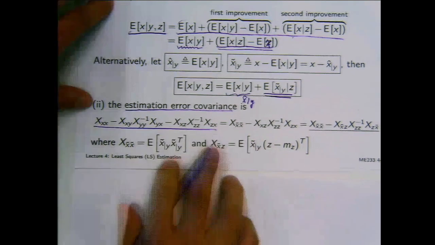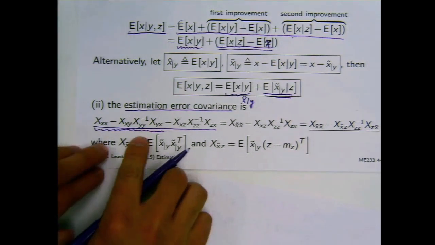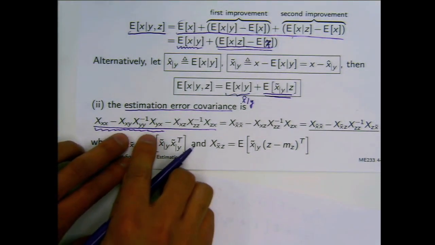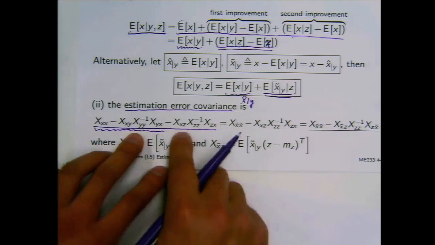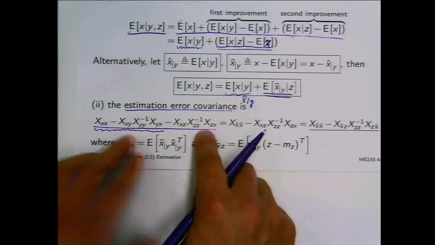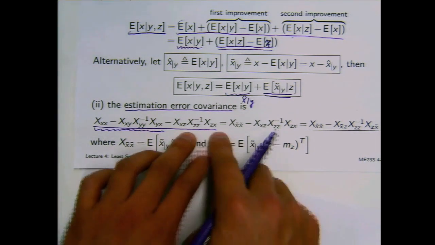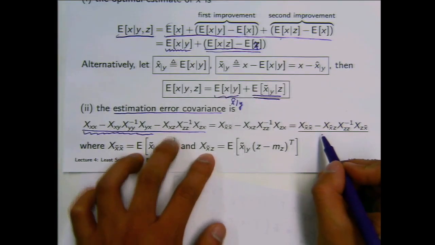You have seen the first two terms are the estimation error covariance if I just have y. Now, if I have another measurement z, then it's going to be minus the information given to me by z. Again, there's no y here because y and z are uncorrelated. Then this equals this here.